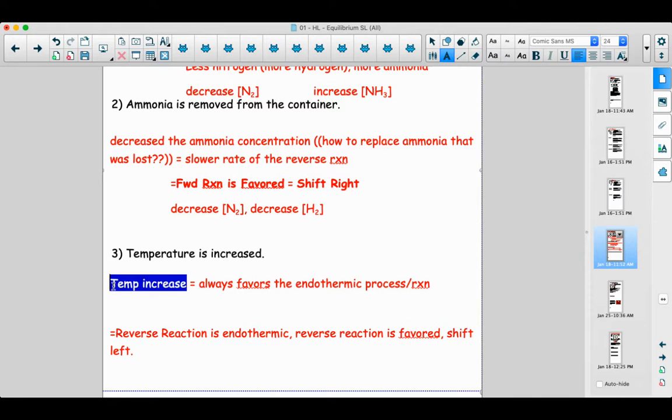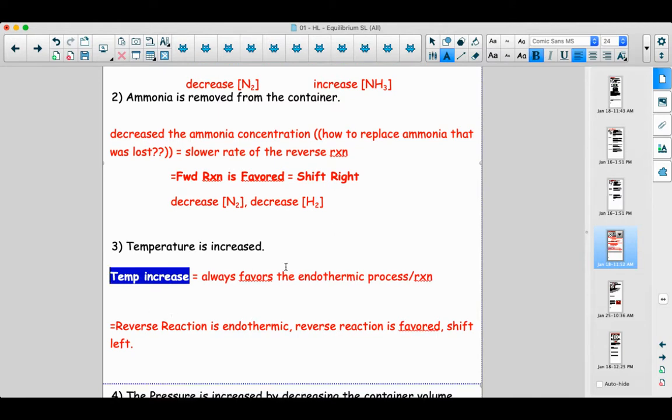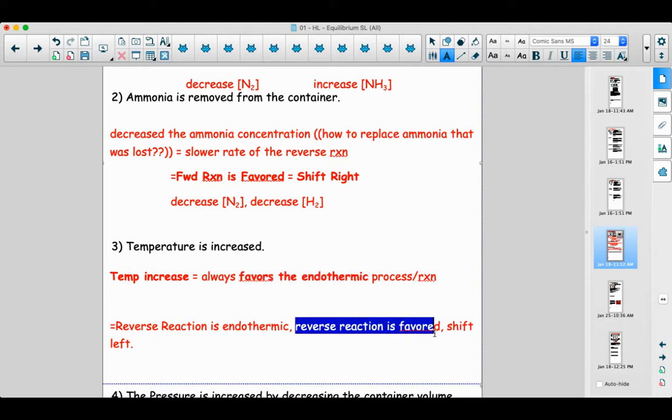So with a temperature increase, we favor endothermic, which means in this example, the reverse reaction is favored, and there would be a shift left. But all of these things I'm saying are specific to the example we're looking at right here, the Haber process. A different reaction may have an endothermic forward reaction, and therefore a temp increase would favor the forward reaction.